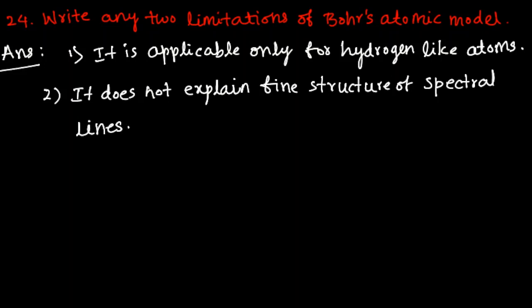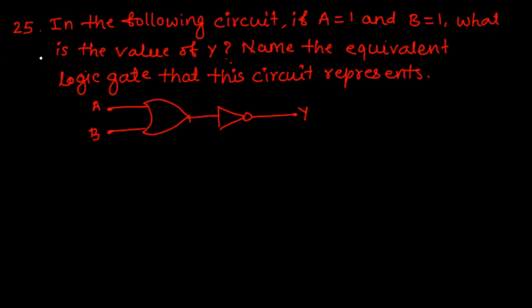Then next question, question number 25. In the following circuit, if A equal to 1 and B equal to 1, what is the value of Y? Name the equivalent logic gate that this circuit represents. Here a logic circuit is given. We have to find the output Y. A and B values are given.